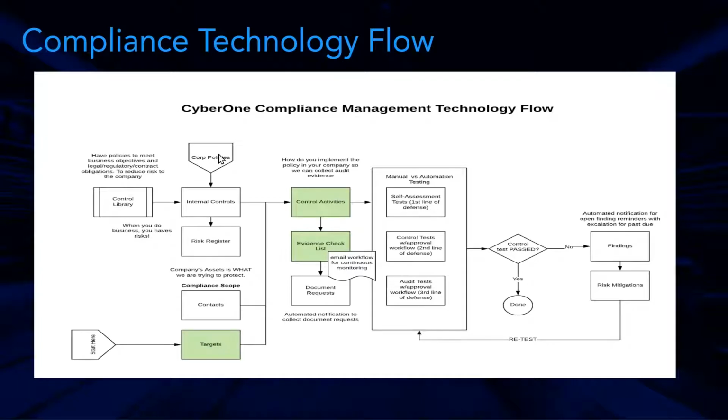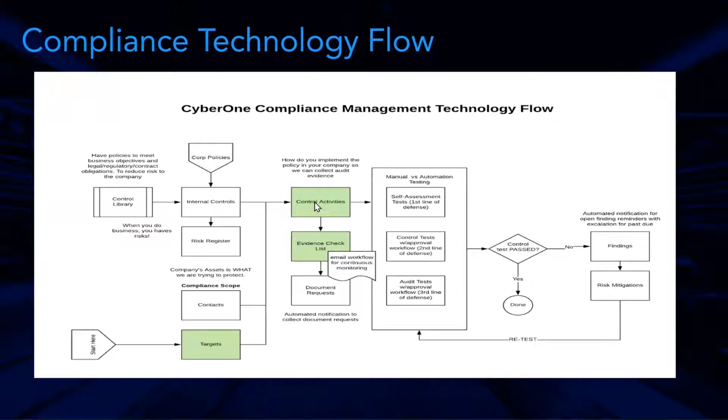With CyberOne, you can go through the governance protocols if you so desire and upload your policies and create internal controls in CyberOne. But we also enable you to do direct testing on targets by linking the target and control activity to the control library directly. And we're going to show you how to do that today.